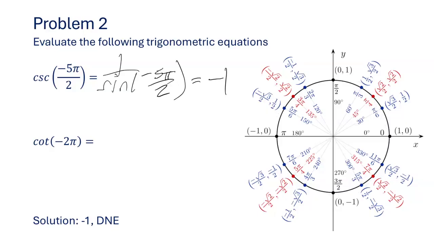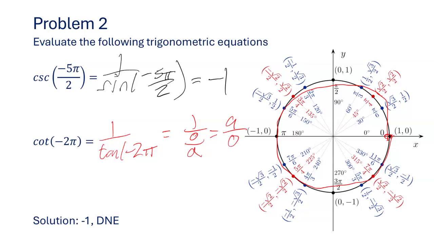And then with cotangent, we know that is the same as 1 over tangent of negative 2 pi. So we're going to start here. We'll go around negative pi, negative 2 pi, so we end up back here. And then cotangent is 1 over opposite over adjacent, which will make it adjacent over opposite.